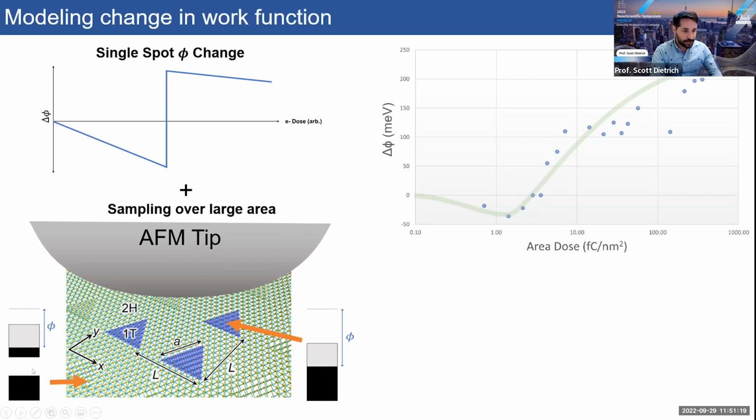You can imagine that the work function in the 2H region is smaller than this one. So the overall change in the work function would be smaller past the transition. And so qualitatively, at least, this data seems to agree with the measurements that we're making.